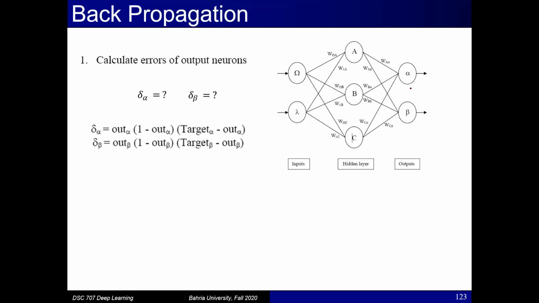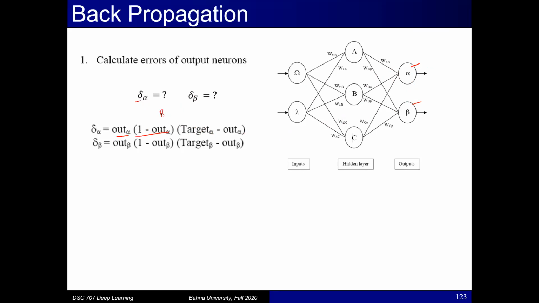So you have two outputs. It means I will have some error here, which I'm denoting by this symbol. So you will have error at alpha and error at beta. With practice, you should be able to write blindly what would be that output of alpha into 1 minus output of alpha, the same thing which you have been doing, and target at alpha minus output at alpha.